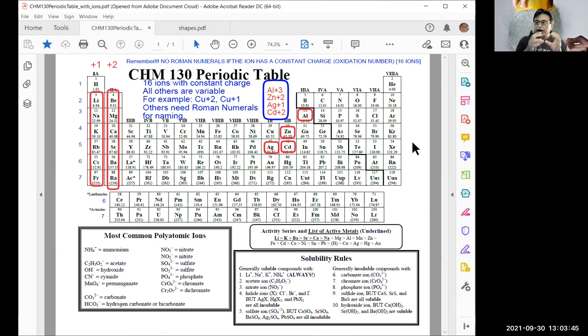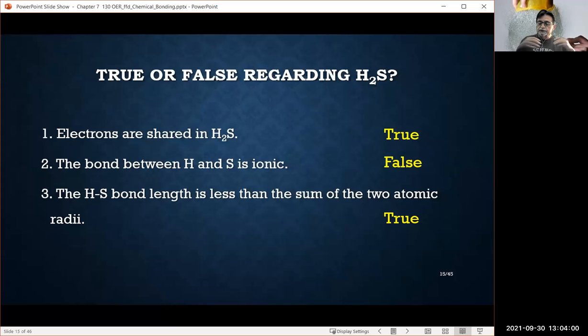The other aspect about ionic compounds is that when you place them in a solution, specifically an aqueous solution, they will dissociate into the respective ions. Now, some dissociate 100%, some dissociate much, much less. Nevertheless, all ionic compounds do show some dissociation in water. That's the property of ionic compounds.